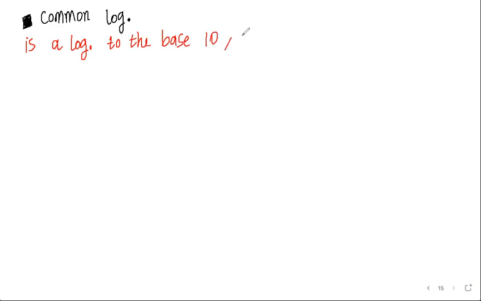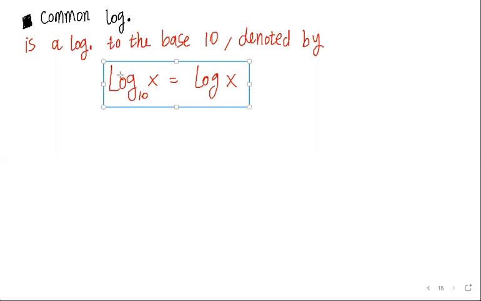And we denote it like this: log x to the base 10 is the same as log x without the base. Okay. Something like this. I give you an example.